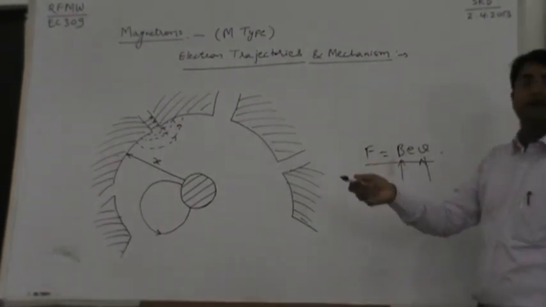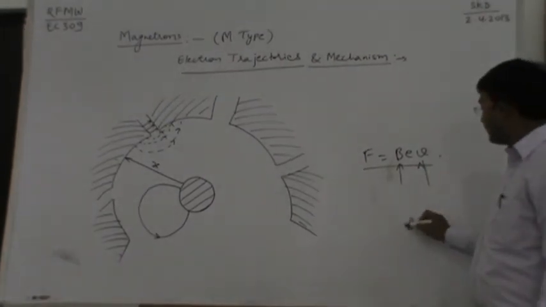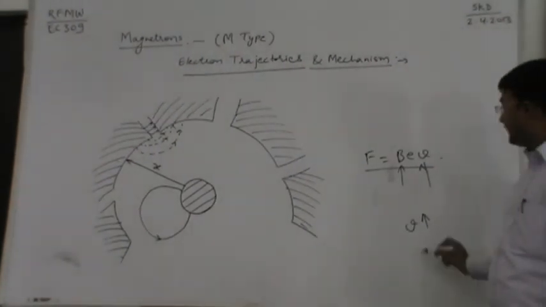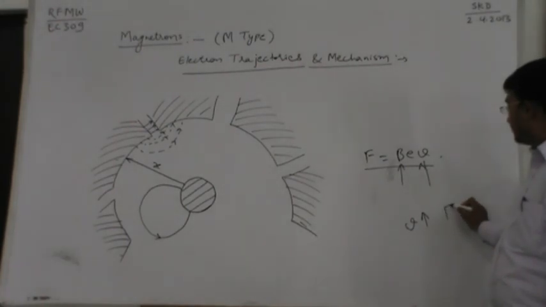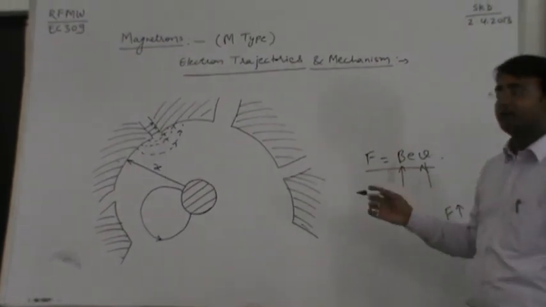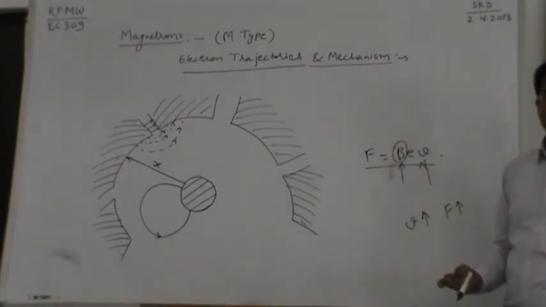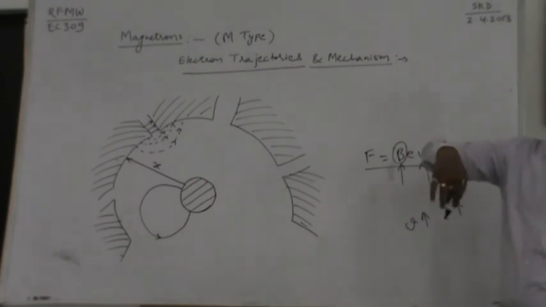If the electric field is increased, the velocity increases, so the force the electron faces because of the magnetic field increases, and hence it will bend more.